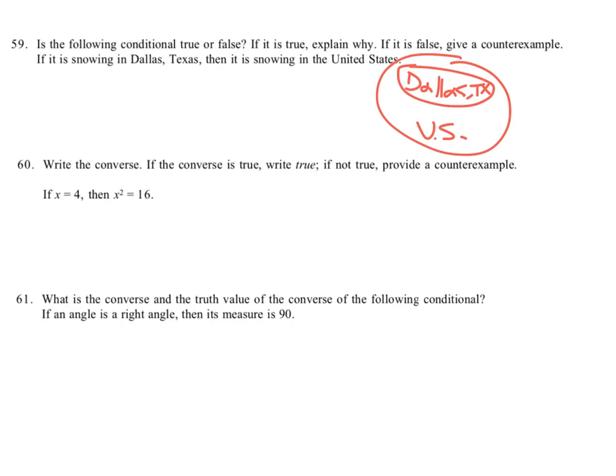Okay, now, number 60. Write the converse of this. If it's true, write true. If it's not, provide a counterexample. The converse of this, we switch the positions of the hypothesis and conclusion. So we say, and I can actually do this as a little screen grab.